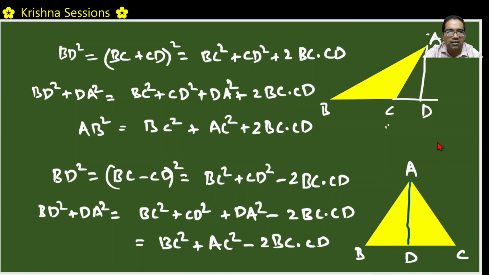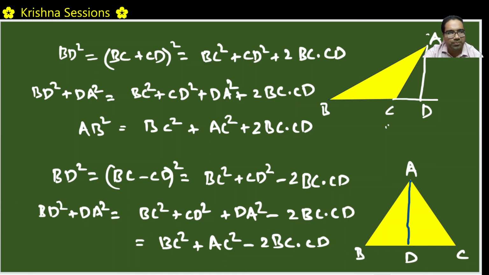In a right angle triangle, the hypotenuse is the largest side because it is opposite to the largest angle. Here also we'll take the largest side, which is opposite to the largest angle. If its square is lesser than the sum of squares of the other two sides, then the triangle is an acute angle triangle.